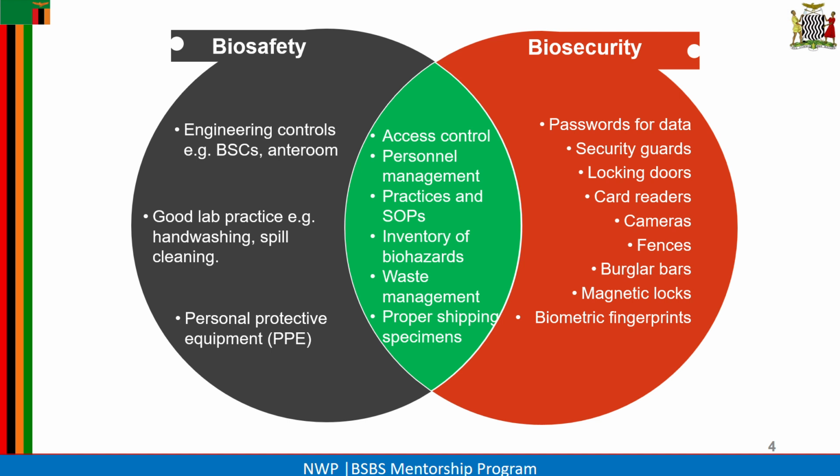But also, the access control will prevent people from just walking in and unintentionally getting exposed to the biological agents that you're handling in the lab. So the access control is acting as both a biosafety as well as a biosecurity measure.